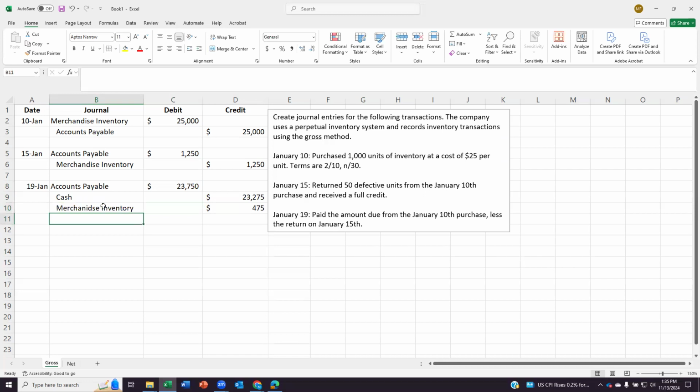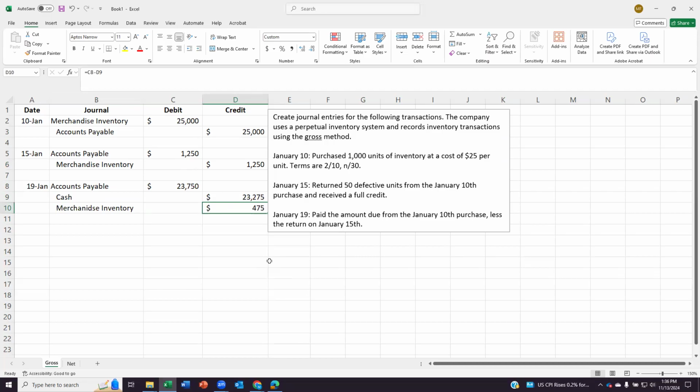That's because merchandise inventory doesn't actually represent the stuff sitting on the shelves. It represents the cost of the stuff sitting on the shelves. Since I originally recorded my merchandise inventory as costing 25,000, and then I took off 1,250 from that for the amount of the return, now I'm reducing another 475 from that for the amount of the discount.